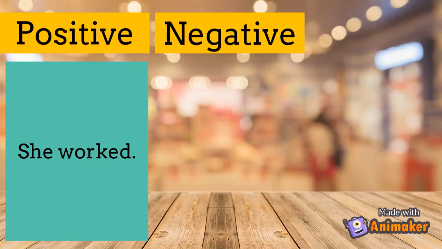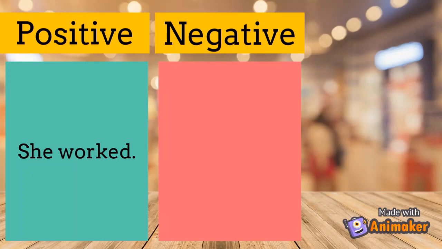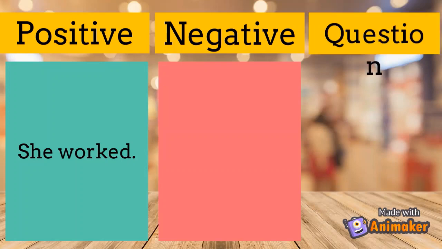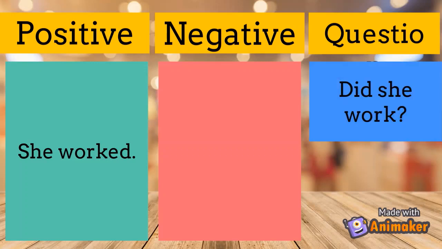We just said she didn't work. And what happened to the question? We came back to the base form of the verb. We say, did she work? So the only place where you really need to change the verb at all is the positive or the affirmative sentence.